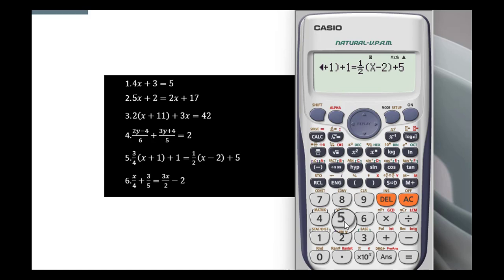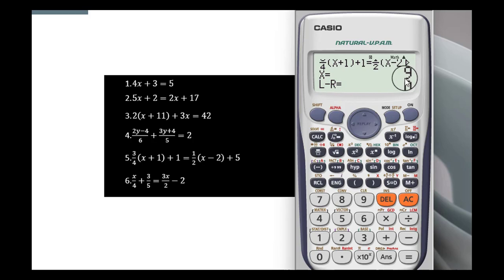And now once again, to solve the equation we use the shift and the solve key down here. So you press shift. Always make sure the S appears, because if it doesn't appear, it means the shift key has not been accepted. Then you press solve. Now solve for x, then come and press your equal sign here, and that gives you 9. That means our value for x is simply 9.